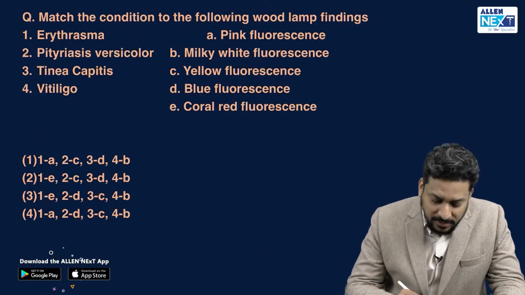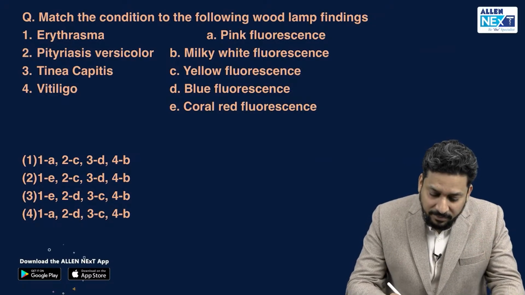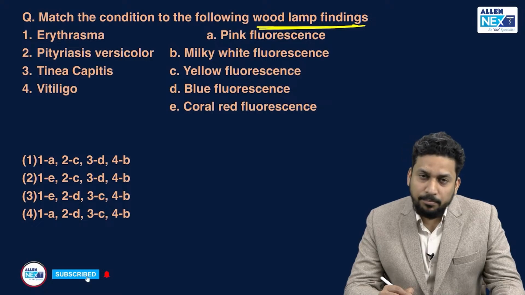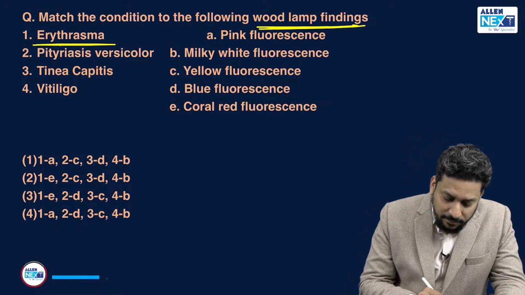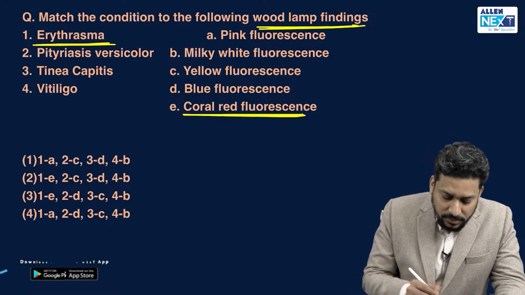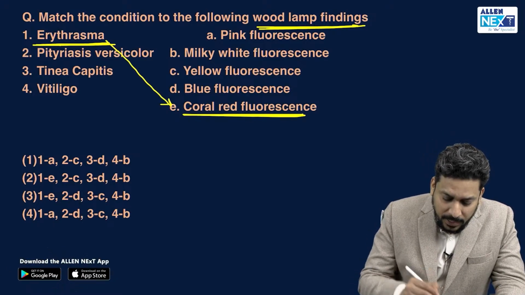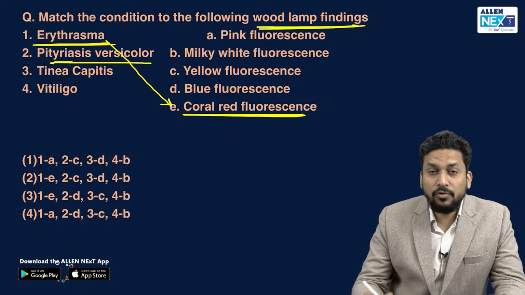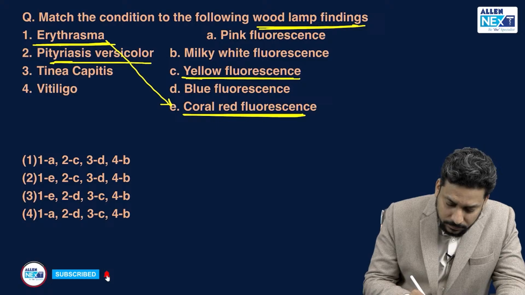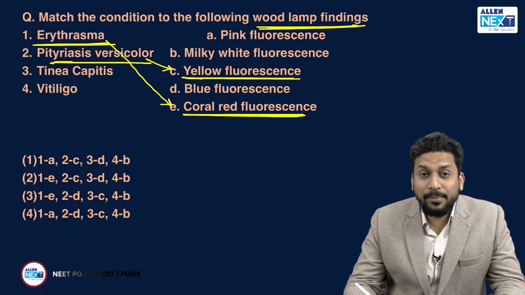Then this is match the following, and here they have given some Woods lamp findings. Woods lamp findings of certain conditions are very important, like erythrasma where coral red colored fluorescence is seen. So coral red fluorescence is seen in erythrasma. Then in pityriasis versicolor, you will find yellow or apple green fluorescence.